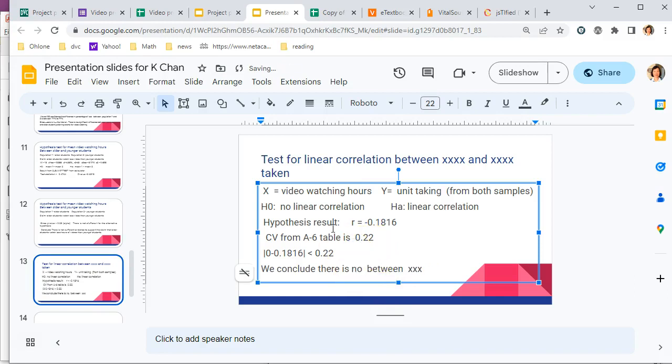That means not sufficient evidence to support the alternative. So there's no linear correlation between video watching hours and number of units taken.